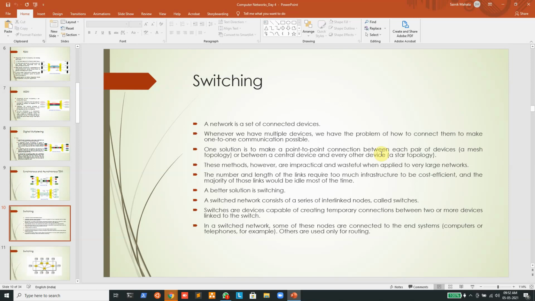In a switched network, some of these nodes are connected to the end systems, which will be other computers, telephones, or some other devices, and between these end devices there will be interlinking devices called switches. Switches are used for routing purposes.